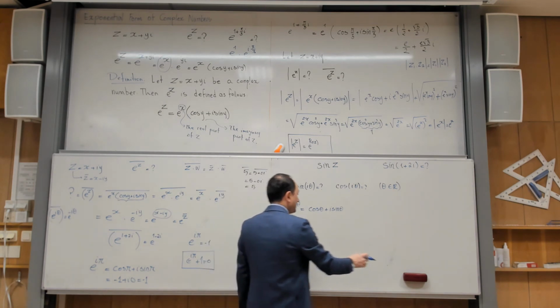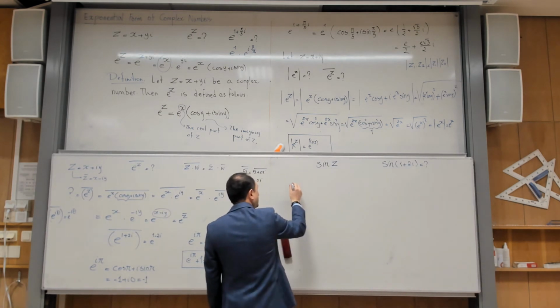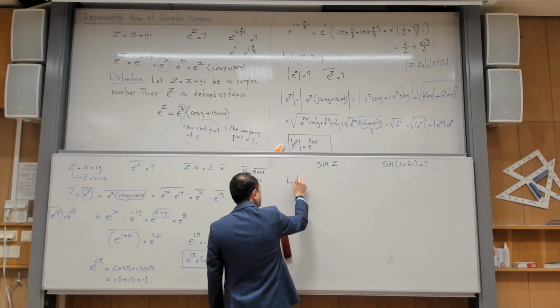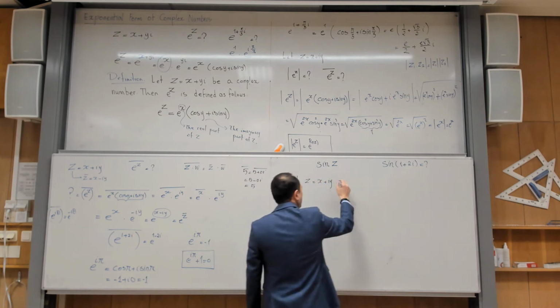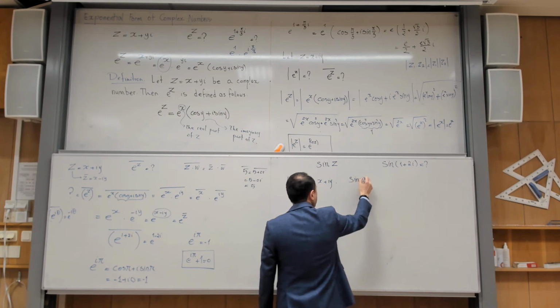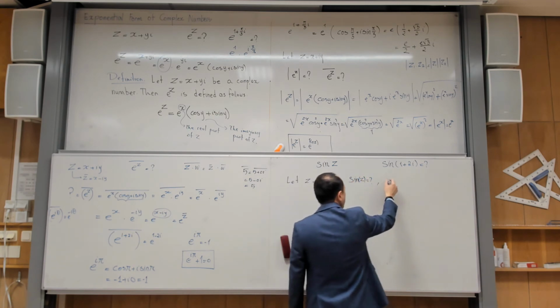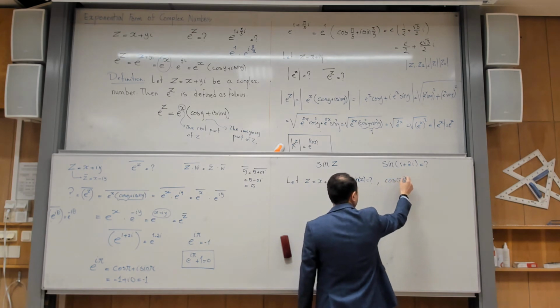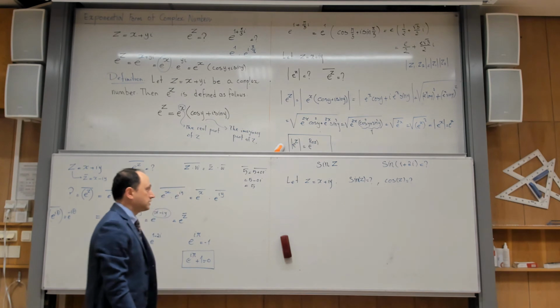Okay, let us just ask this question. So let z be equal to x plus iy. We want to understand what is sine of z. Right? What is a good definition for sine z and cosine z? Yes, we want to understand what is that.